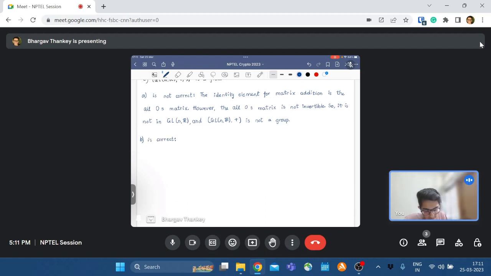So we need to verify four things, right? The first one is closure. So if both are invertible, then AB is also invertible, right?